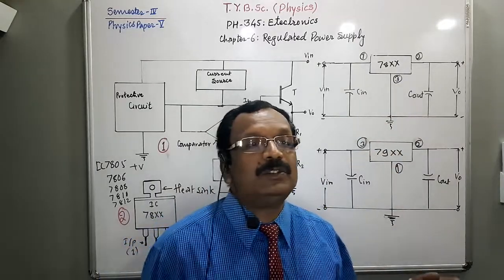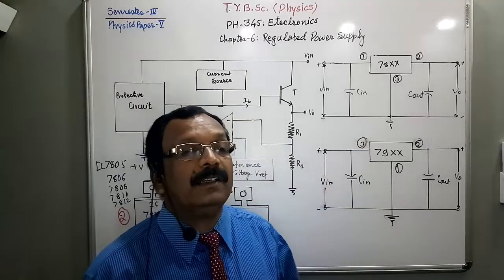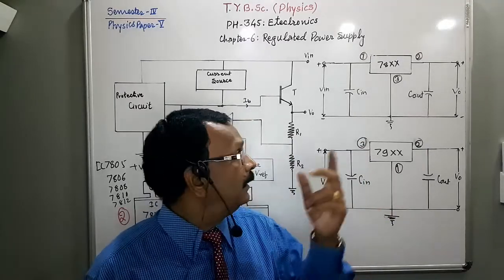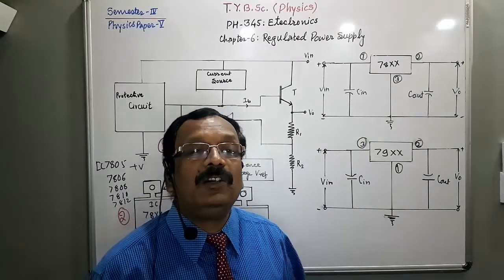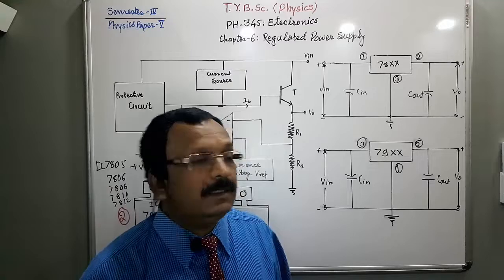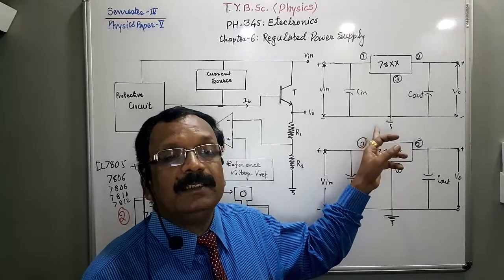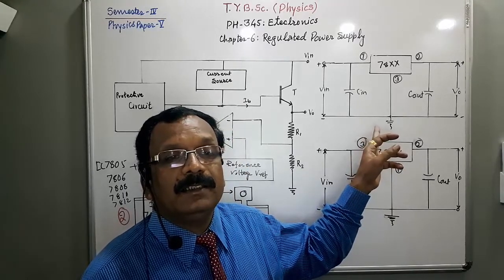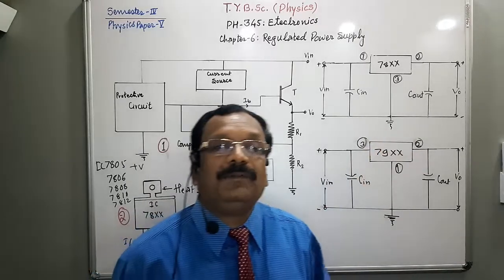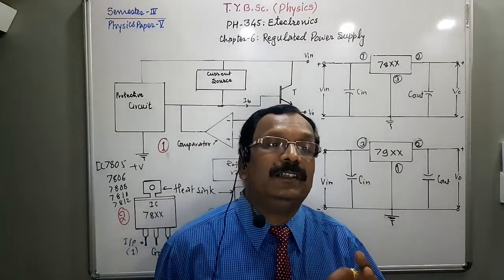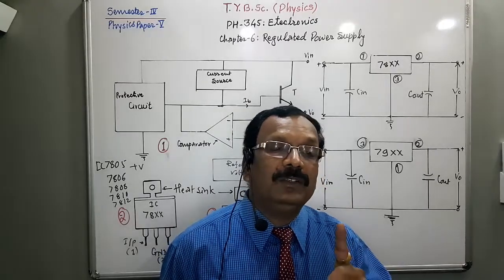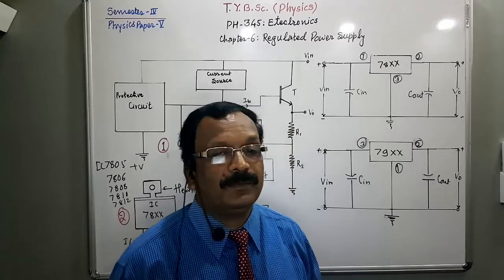These capacitors are also useful to filter any high frequency variation, or to minimize the ripple. The 78 series ICs provide fixed positive voltage from 5 volt to 24 volt.